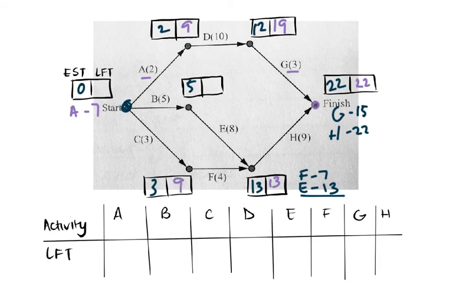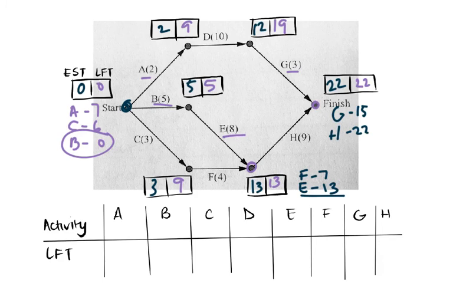And then along C, 9 take away 3, so C is going to give me a latest finish time of 6. Now there's one more. If I start here at F, 13 minus 8 is going to give me 5, and then 5 take away 5, so if we do B, is 0. It should be 0 because it's the start, but we just wanted to check that all of our calculations are correct.